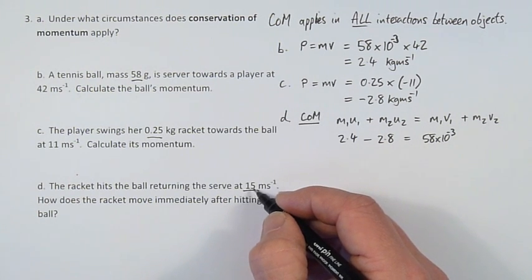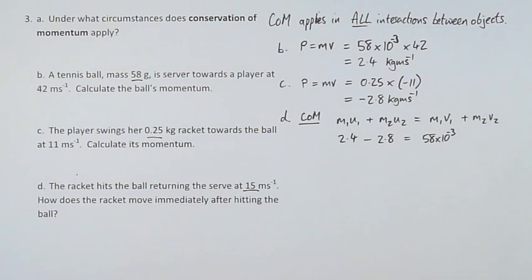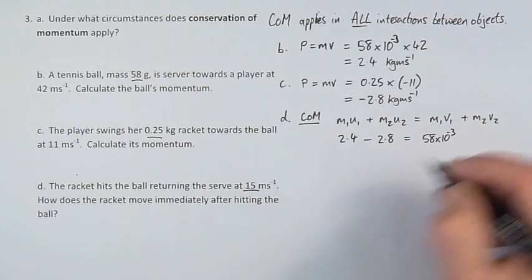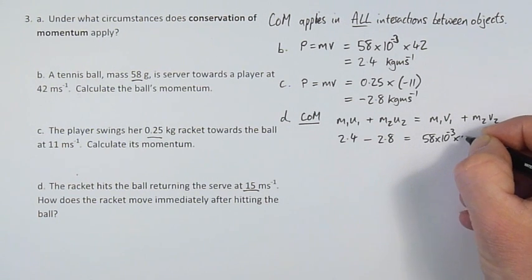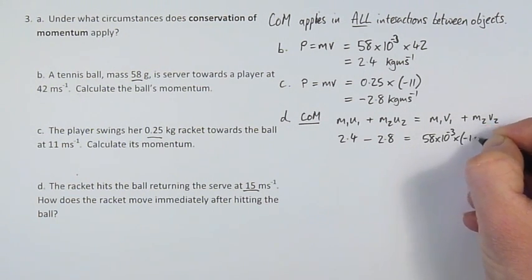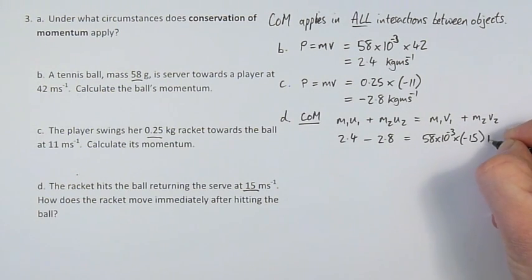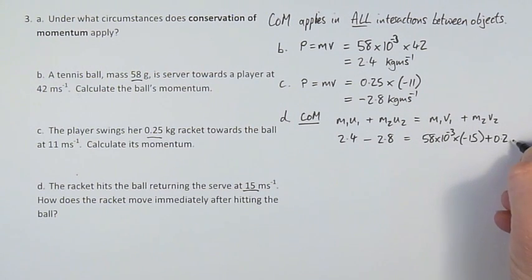Careful again here, because this is being returned, so it's in the opposite direction. So we have to multiply by minus 15. And then we need to add the final momentum of the racket, so that's 0.25 times v2. It's v2 that we don't know, so we are trying to calculate that one.